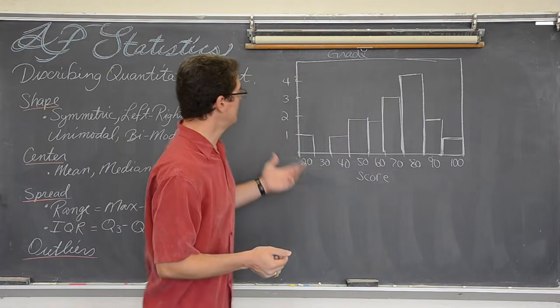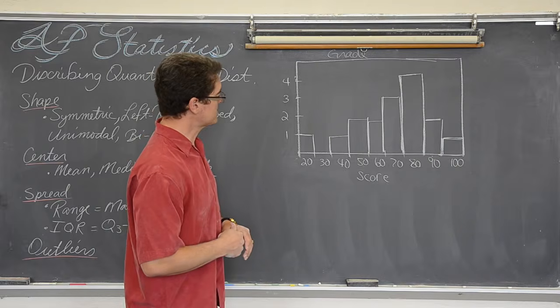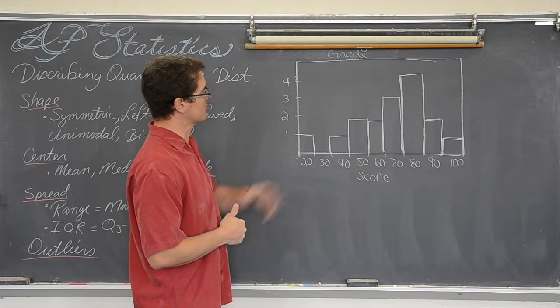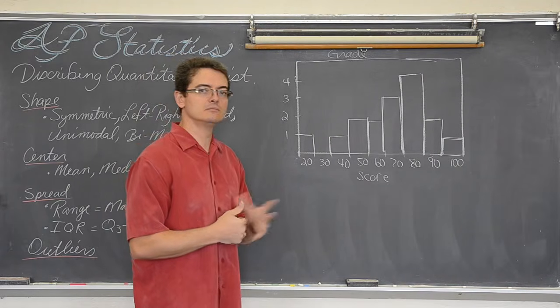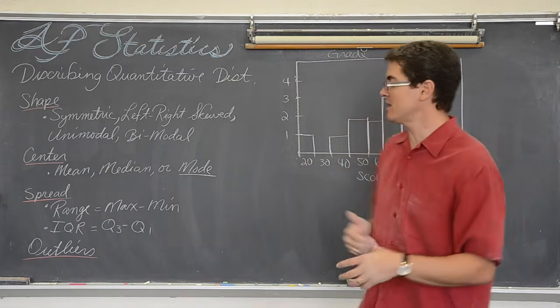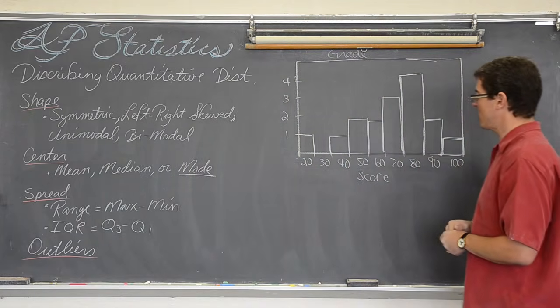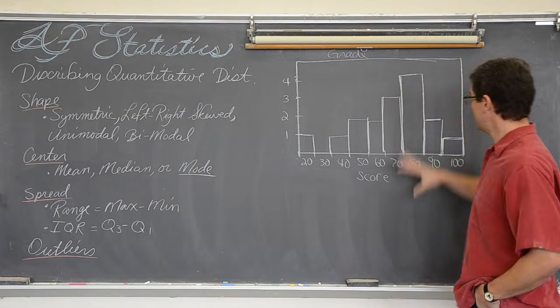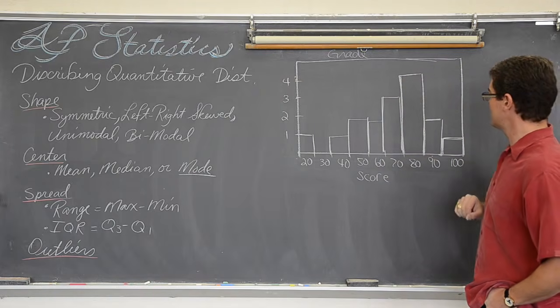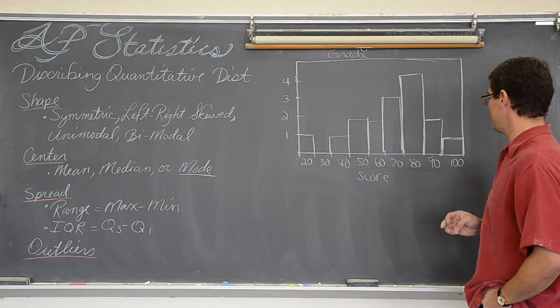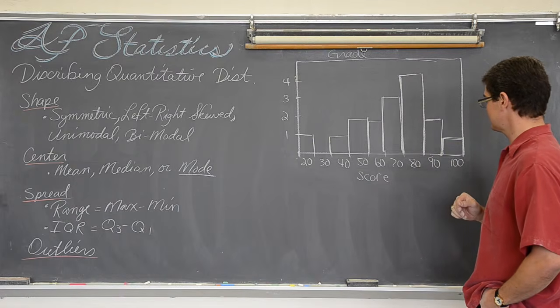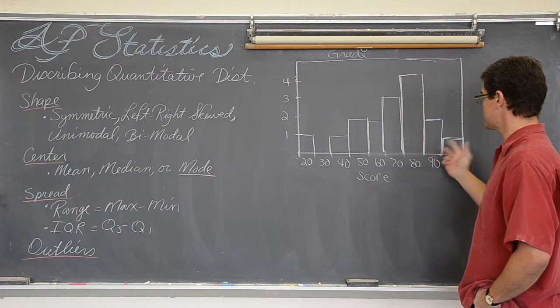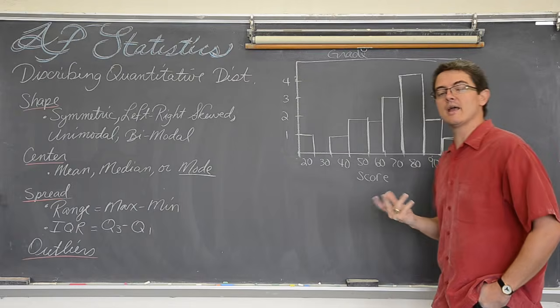Here we have a histogram that displays, again, some grades. I'm going back to that old example I keep doing in these videos so far. We have a few kids doing poorly, a lot of kids getting in the B range, or the 80s, and then the 90s and the 100s, which would be your A's.